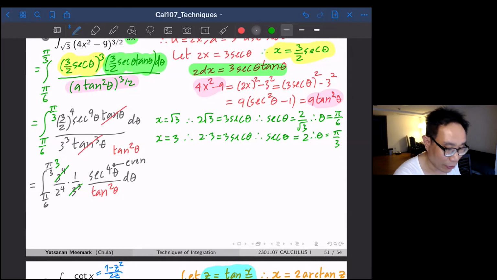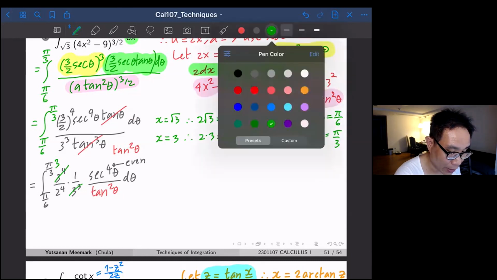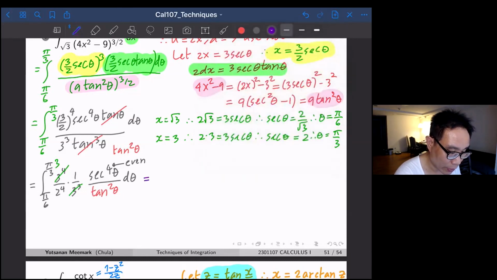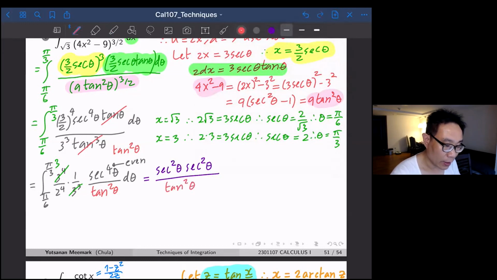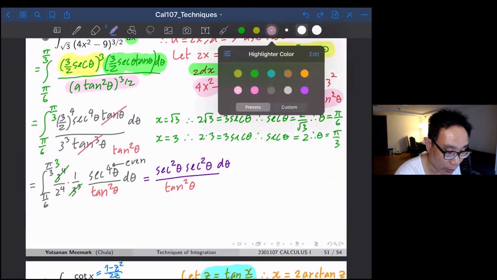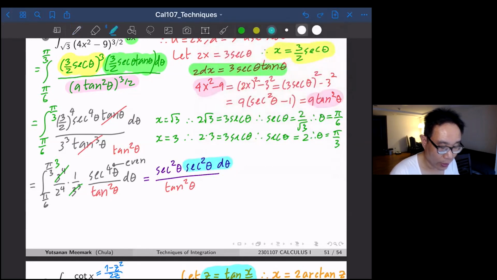When you have an even power of secant, you write this as sec squared over tan squared, and you group sec squared with tan squared together.